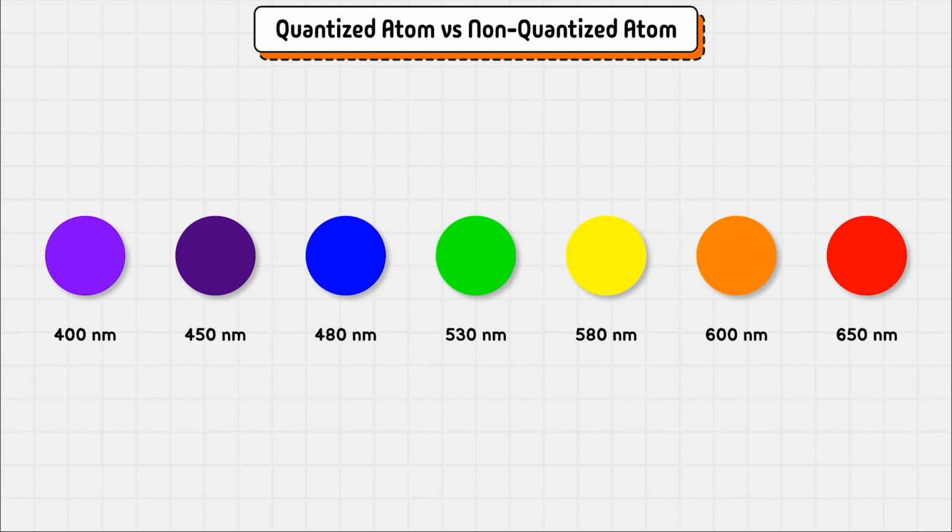It is only due to this behavior of atoms that we are able to see colors in our world. Because if atoms were non-quantized, they would not emit or release light in distinct wavelengths, and our world would become only black and white. It is also due to the fact that atoms emit and absorb electromagnetic radiations of distinct wavelengths that we are able to analyze and identify matter using a special technique called spectroscopy.